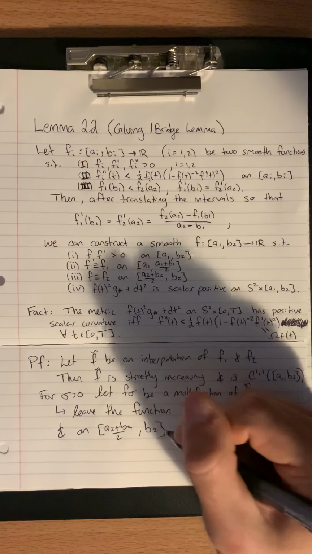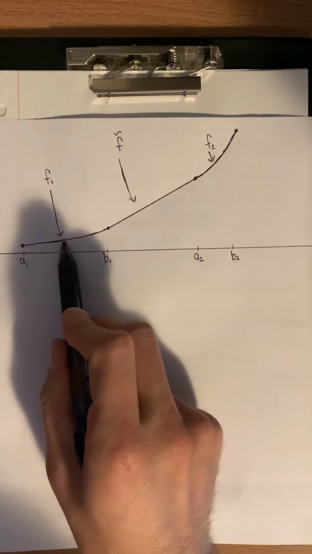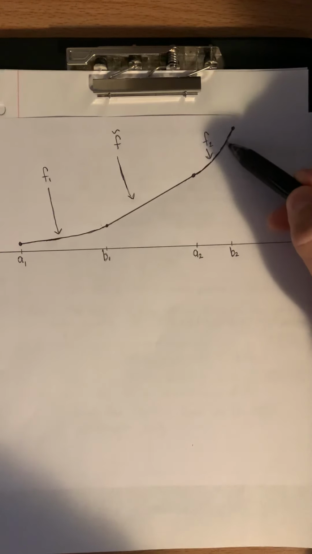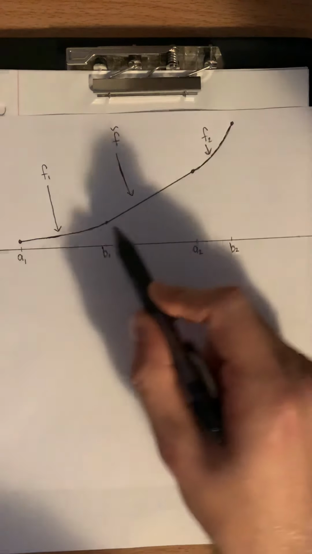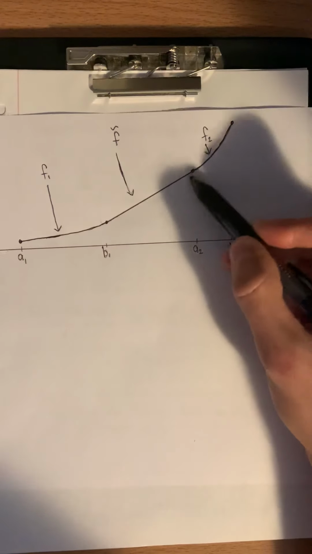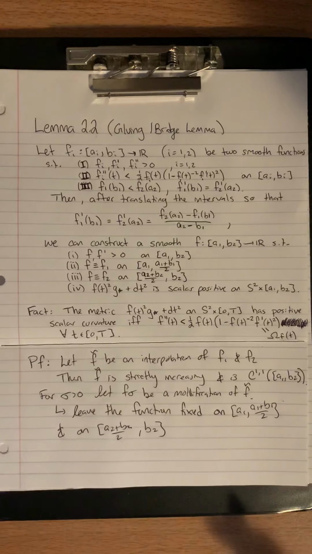So in other words, F sigma will equal F tilde here, and it will equal F tilde here. But otherwise, we're going to just smooth it out slightly, still keeping it positive, and satisfying these other conditions.